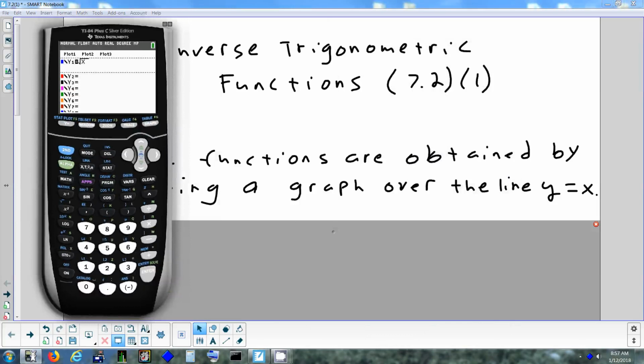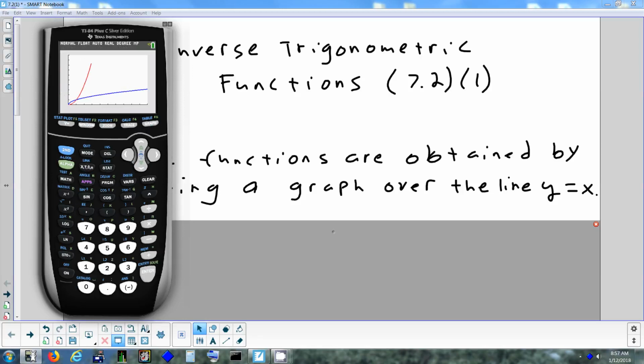I'm going to graph a square, and I want to just look at it in quadrant 1. I'll explain more why I'm just looking at quadrant 1 in a little bit. So let's set that at 0. Let's set that at 0. These should look like they are mirror images over the line y equals x.